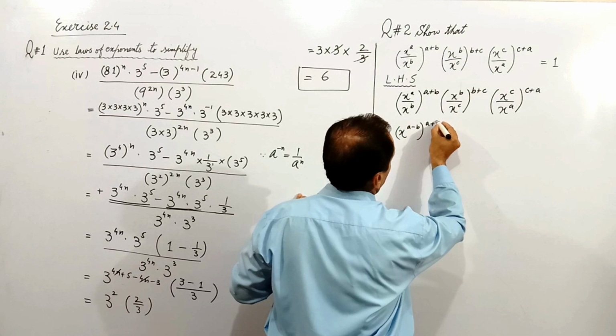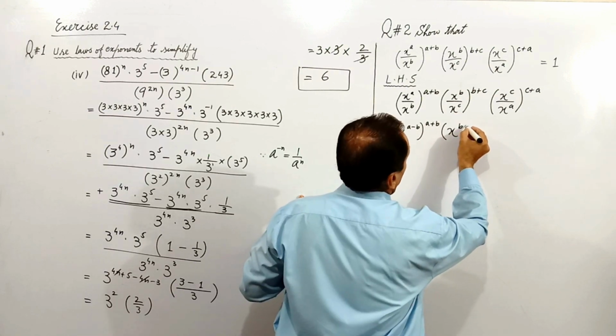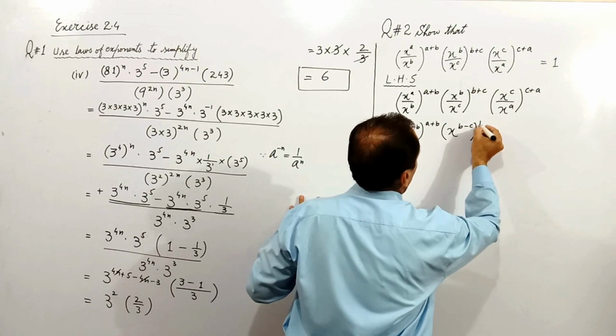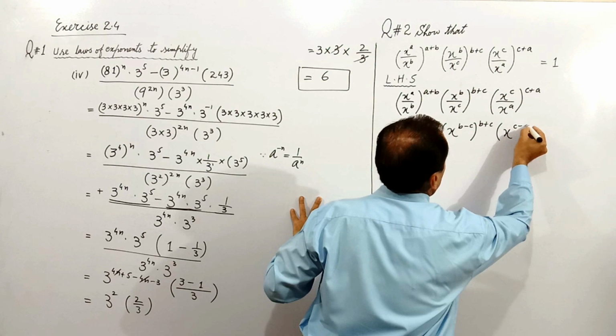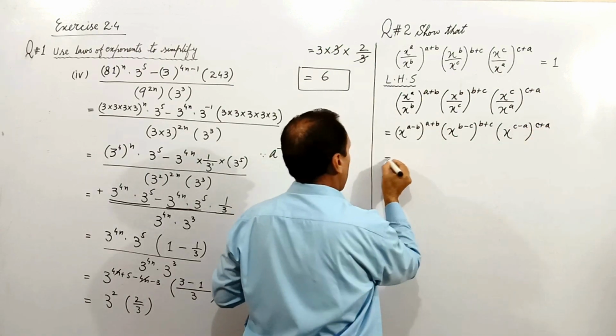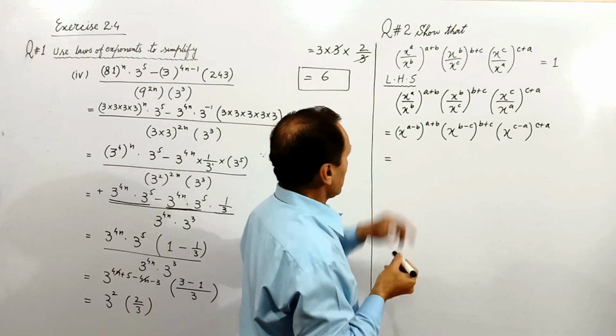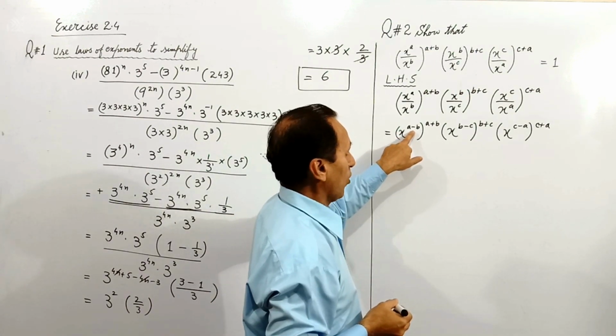raised to power a plus b, x raised to power b minus c whole power b plus c, x raised to power c minus a whole power c plus a. As we know that this formation is required to apply the law of power.